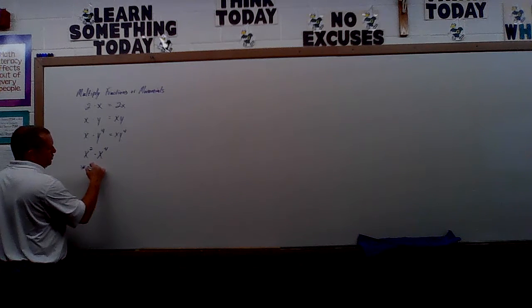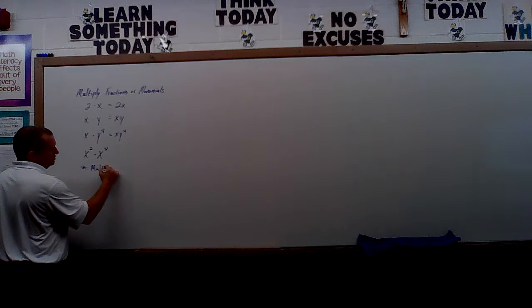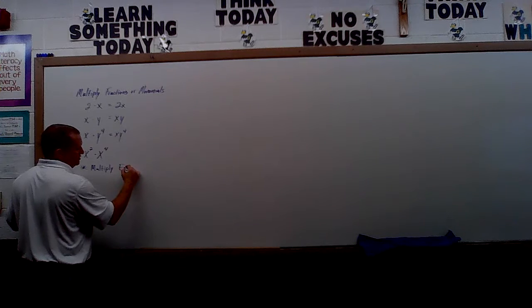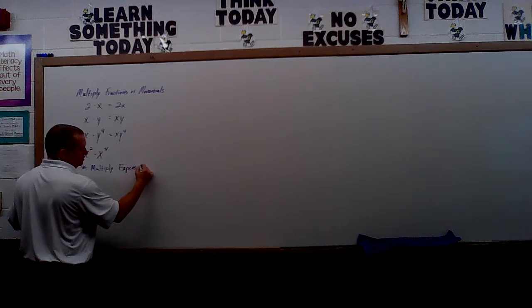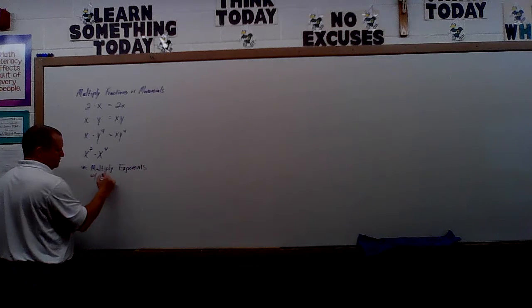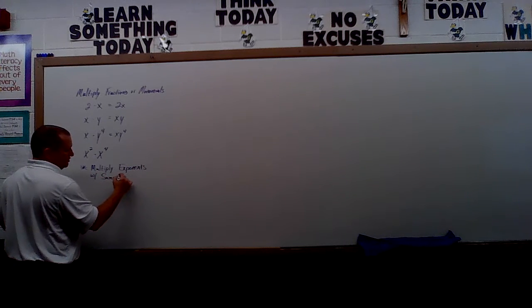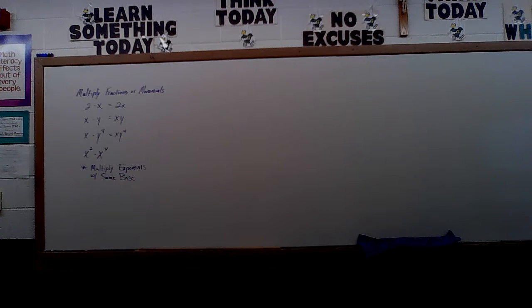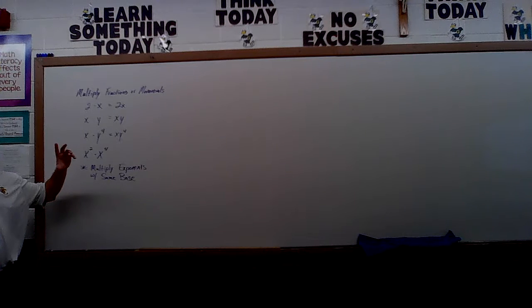So we're going to look at multiplying exponents with the same base. Because what's the base of an exponent? What portion of my exponent is the base? Like the number, like x. In this example, what's my base? x. X, right? So the bigger part, right?